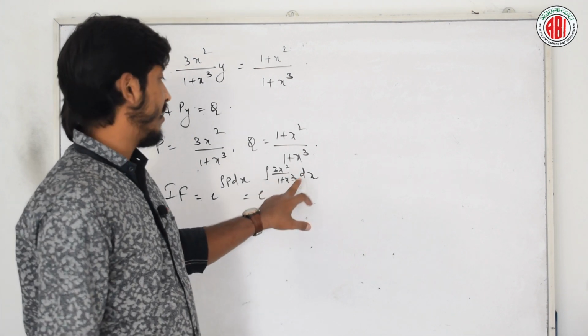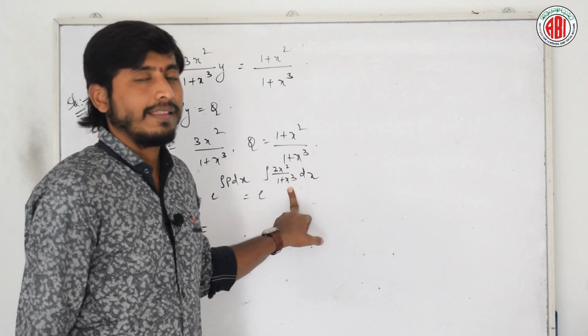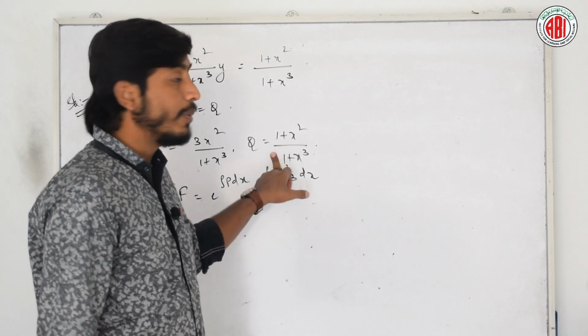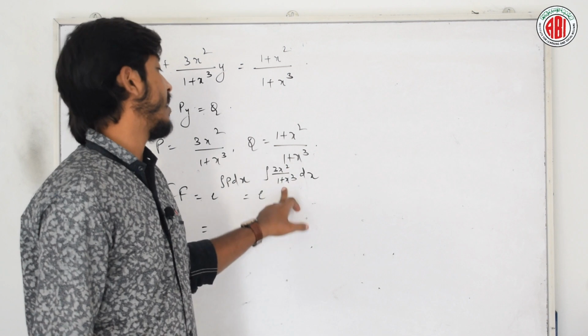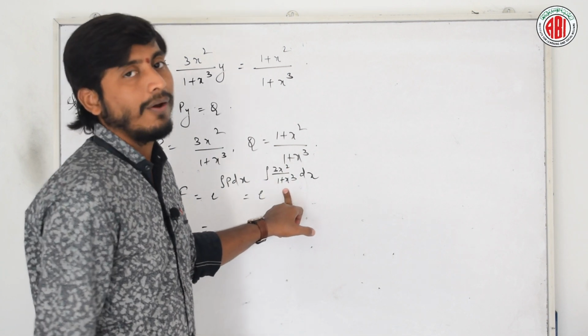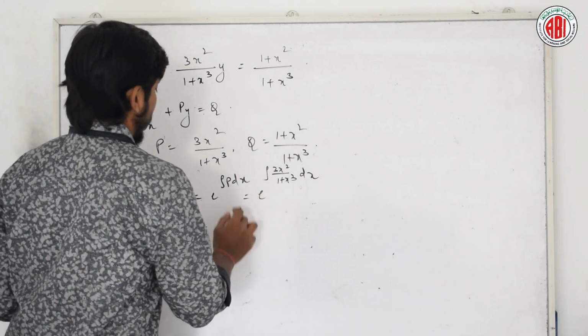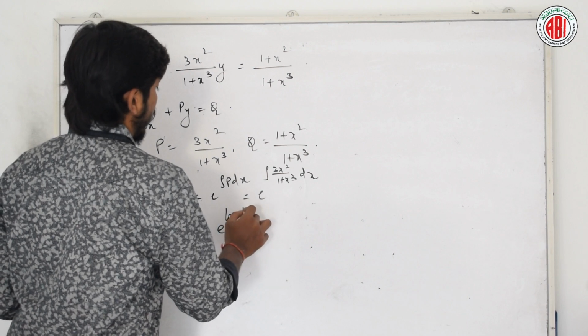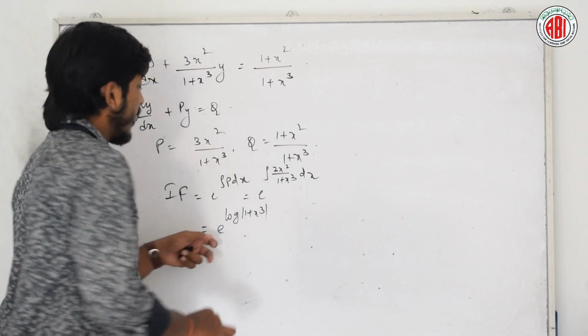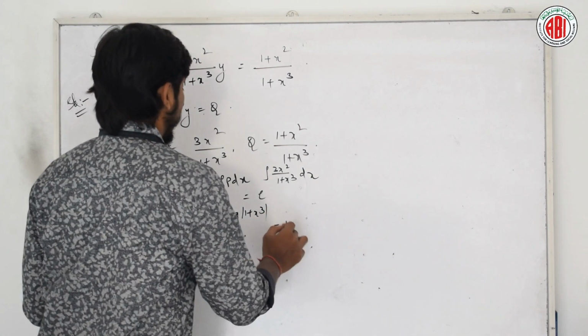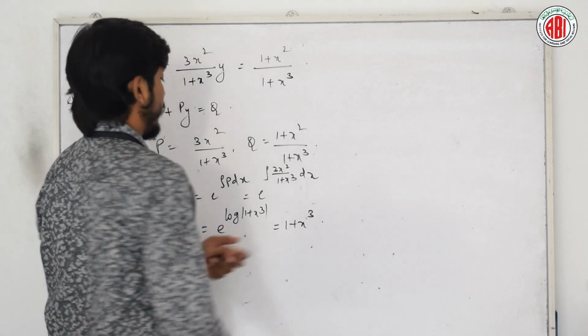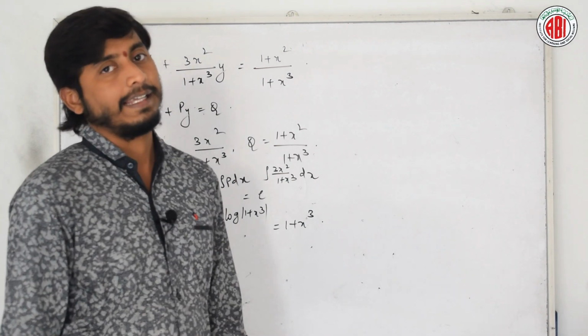If you observe here, the differentiation of x cube is 3x square, which is nothing but the numerator. So, it is in the form of f dash x by f of x. So, it will be log f of x, that is e power log of 1 plus x cube. E power log something will be that something, that is nothing but 1 plus x cube. This is my integrating factor.